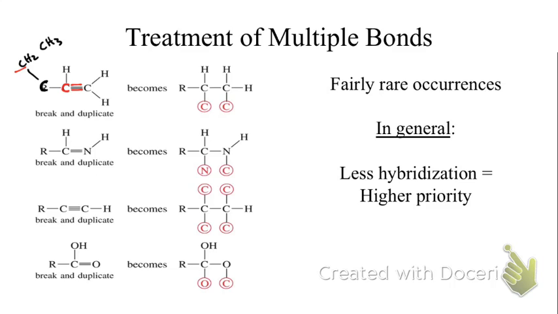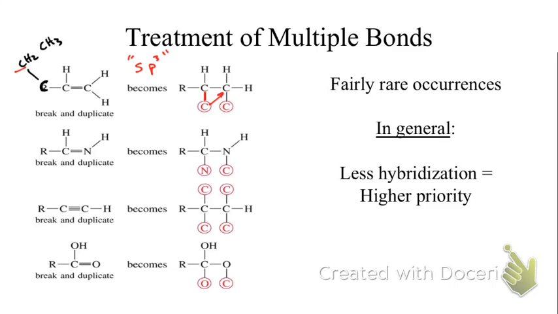We have to convert that into an sp3 format, if you will, quote unquote. So what we're going to do is treat that double bond as two bonds to a carbon. So what this figure is trying to show is that this bond here is the double bond to that carbon.